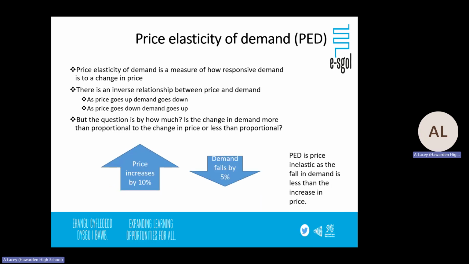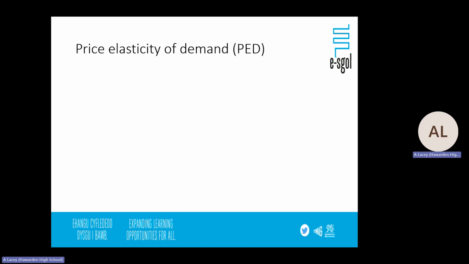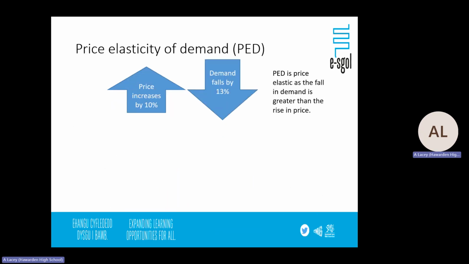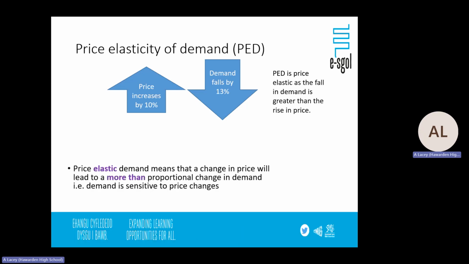As an example, if you increase prices by 10% and demand falls by 5%, then the PED is inelastic, as the fall in demand is less than the increase in price. If prices increase by 10% and demand falls by 13%, however, the PED is price elastic, as the fall in demand is greater than the rise in price.